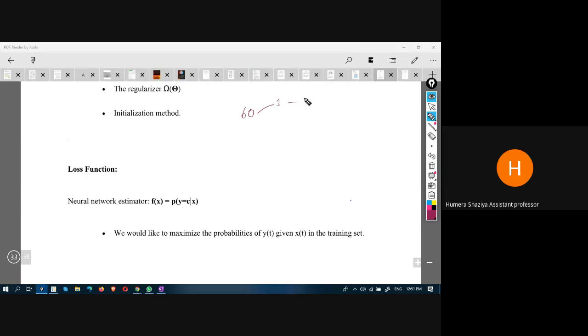First image, loss. Second, loss. Third, loss. Like that, so on up to 60,000 loss. And you sum this up. You add all these loss values to get the loss for the entire data set. This is a loss for every element, whereas here, sum of loss is the loss of the entire data set.